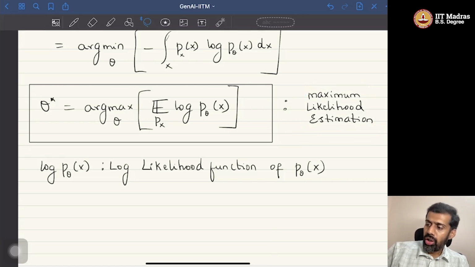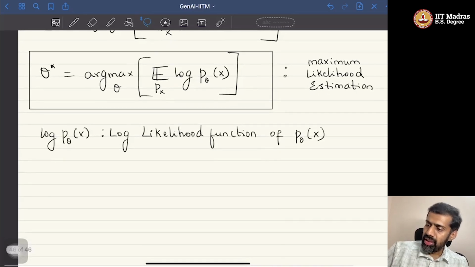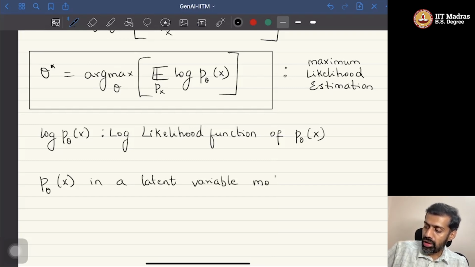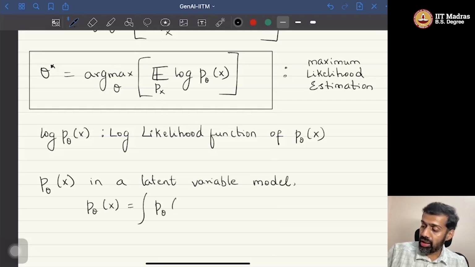Okay. So now p theta in a latent variable model is given by the following. p theta of x is the integral of p theta of x and z, dz.